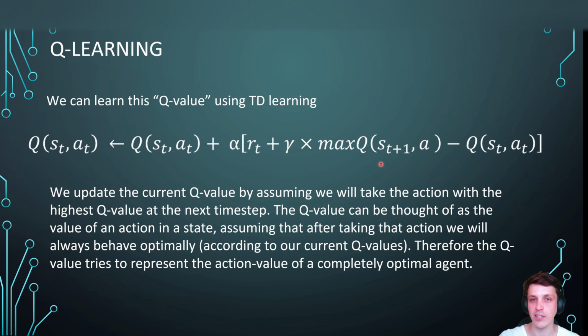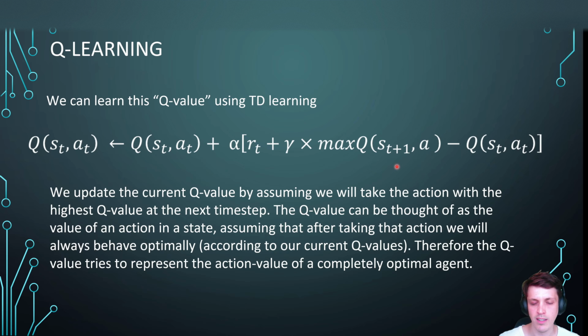Because I'm taking into consideration the max Q value of the next state. That next state is taking the max Q value from the next states, and so on. So this Q value tries to represent the action value of a completely optimal agent. It tries to learn the action values of an agent that is always taking the best possible actions. Well, the best possible action is going to be the one with the highest Q value.